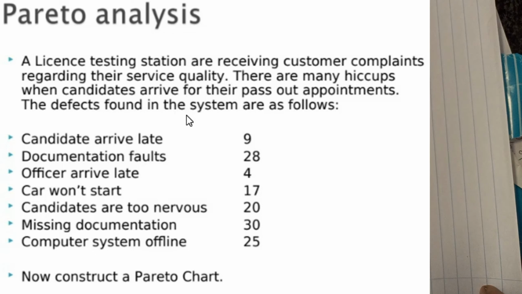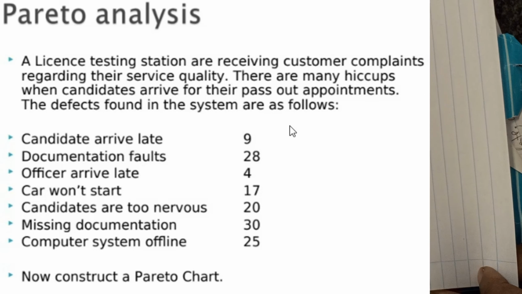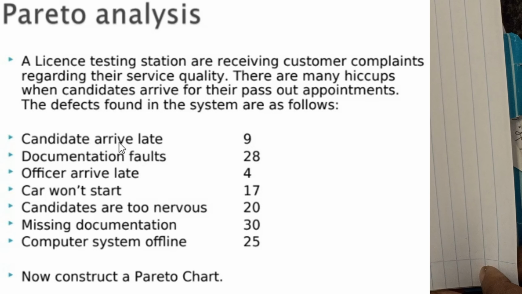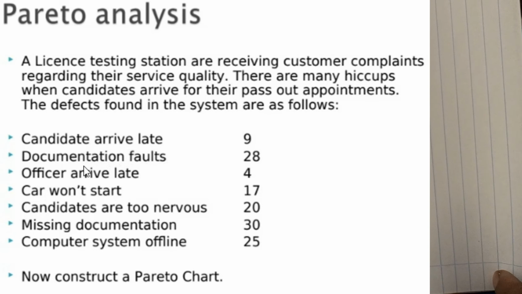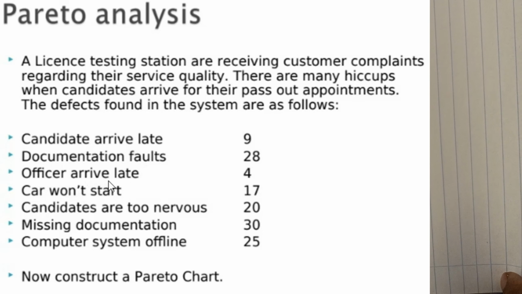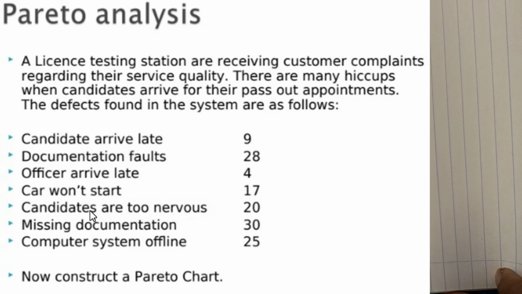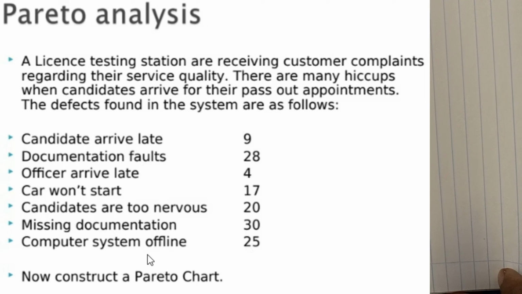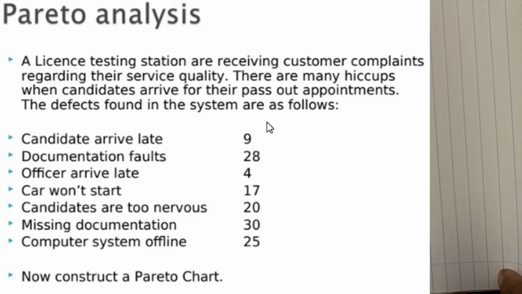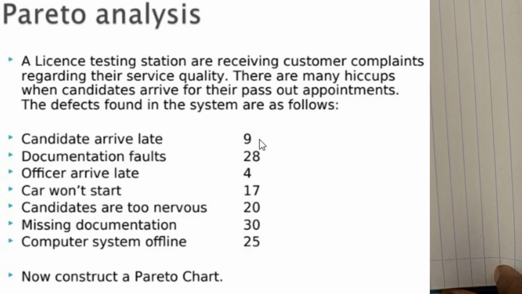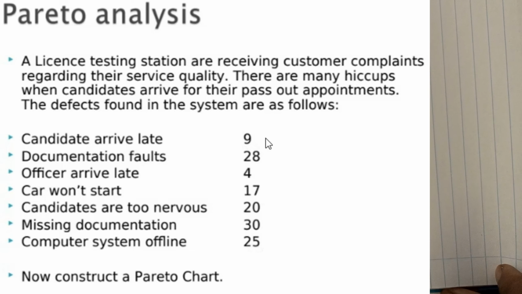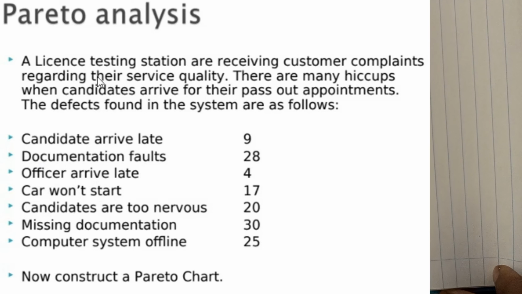The defects found in the system are as follows: candidates arrive late, documentation faults, officer arrives late, car won't start, candidates are too nervous, missing documentation, computer system offline. So these are the number of people complaining about each of these problems.